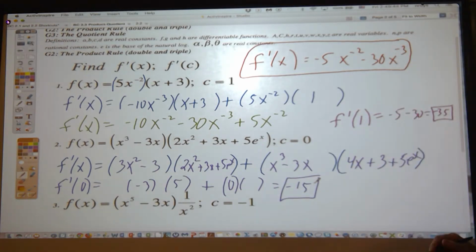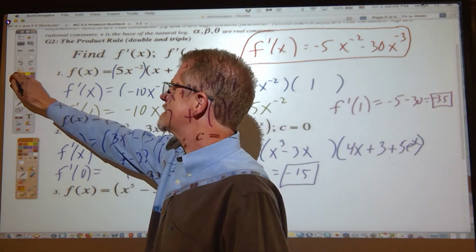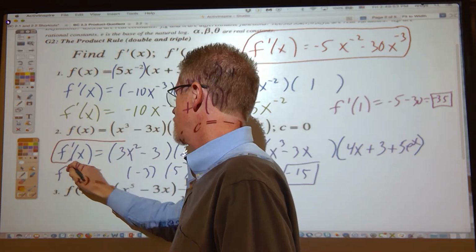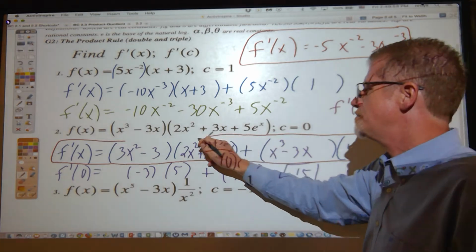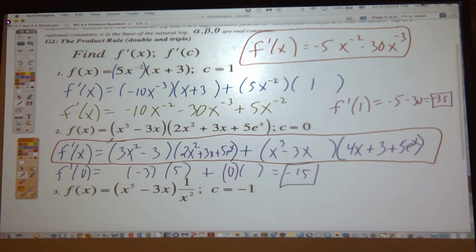Alrighty, questions on problem 2. By the way, same on the homework, if we ask you to find the derivative, unless it's a multiple choice problem, just leave the derivative in unsimplified form, unless the directions require otherwise.